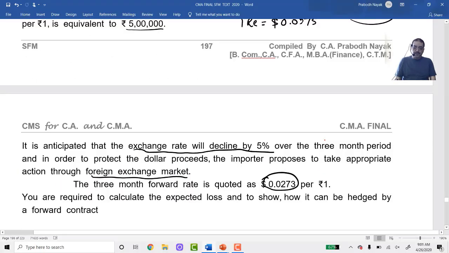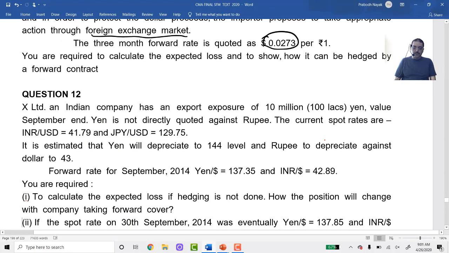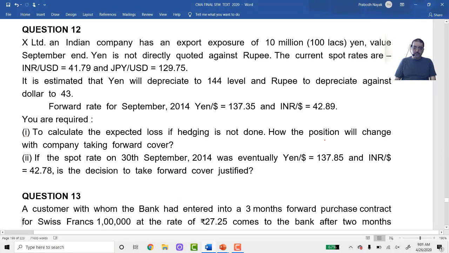Question number 12. X Limited, an Indian company, has an export exposure of 1 crore yen, that is 100 lakhs, value September end.